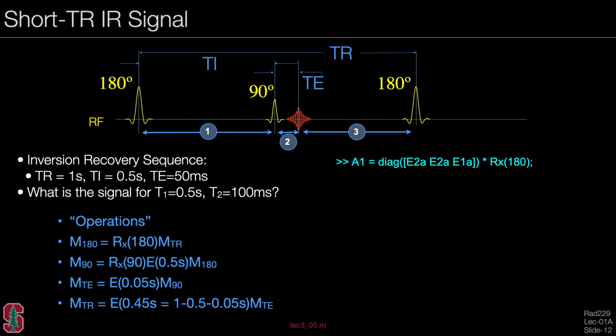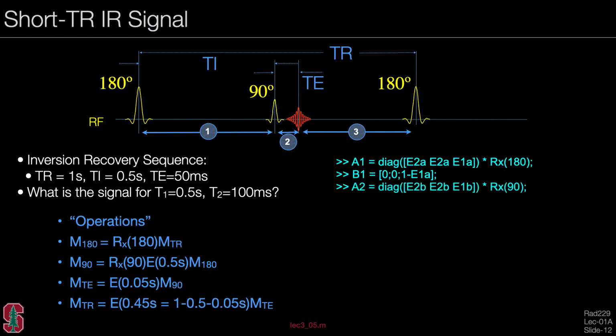So we can simply write initially that the A matrix for this first period is basically the relaxation component times the inversion, or the rotation about x of 180 degrees. The corresponding B vector for this is just the recovery term, basically for the interval shown by the 1 here.